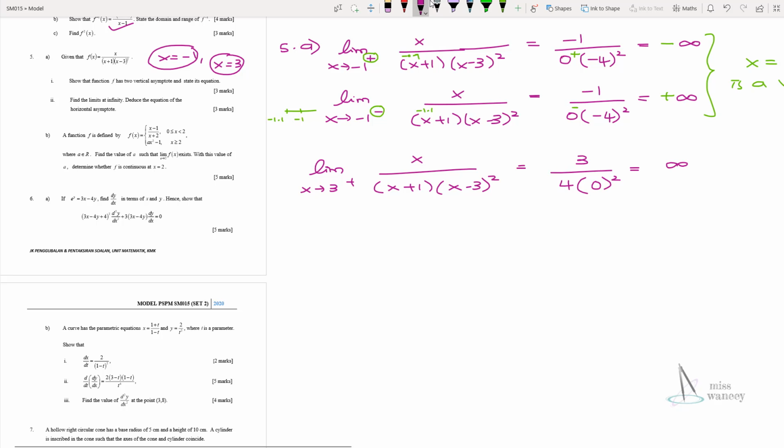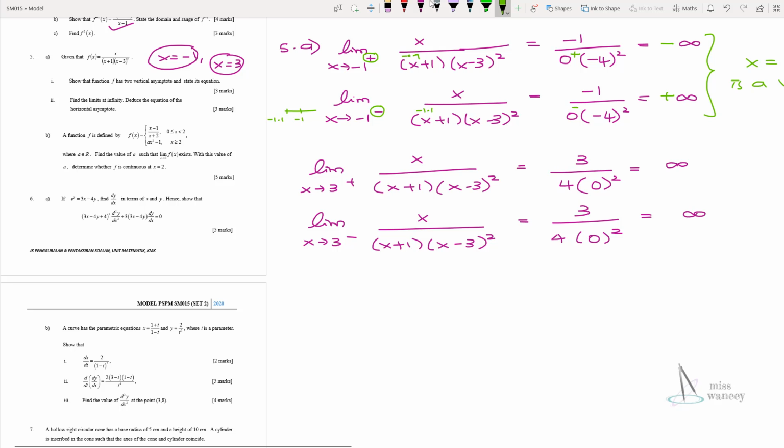This is definitely infinity because we have a number divided by 0. Another one is the limit as x approaches 3 from the left, which is 3 over 4, 0 squared. This is also infinity. To test whether it is positive or negative, we need to test some values.